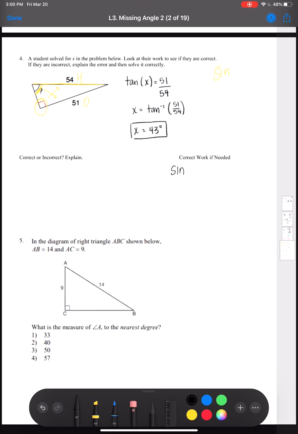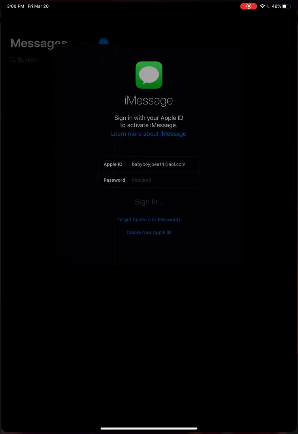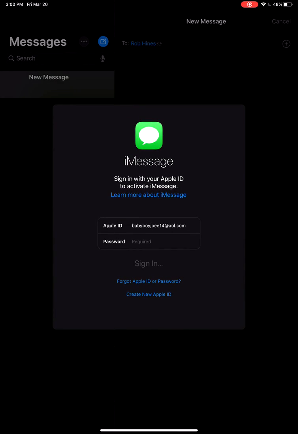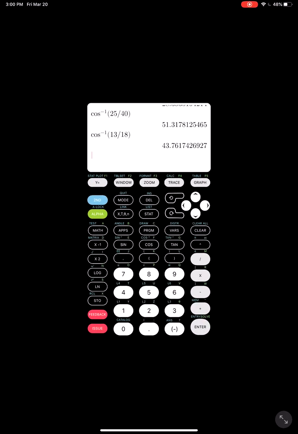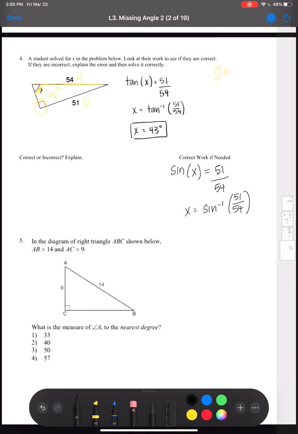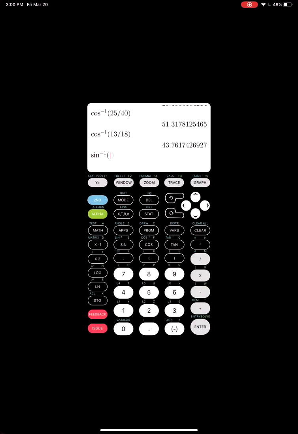So we have the sine of our missing angle is equal to the opposite side, 51, divided by 54. X is equal to the inverse of that. And so therefore, second sine, 51 divided by 54.